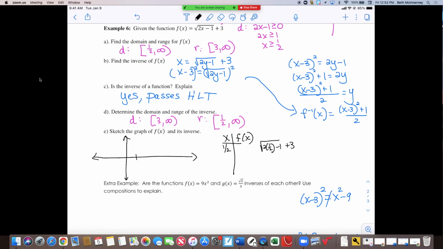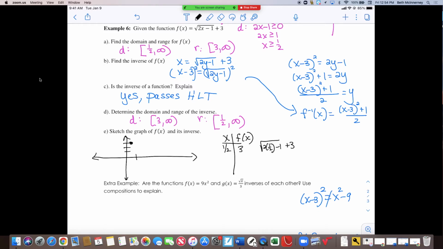What happens underneath that radical when you plug in 1/2? Just under the radical. What's 2 times 1/2? 1. What's 1 minus 1? 0. 0 plus 3 is 3. So I'm going to have to go halfway and put a 3.